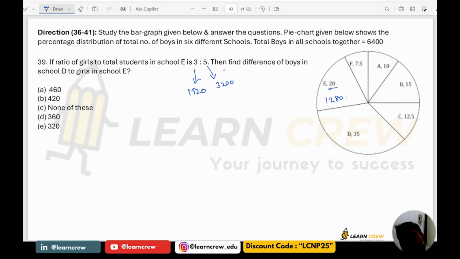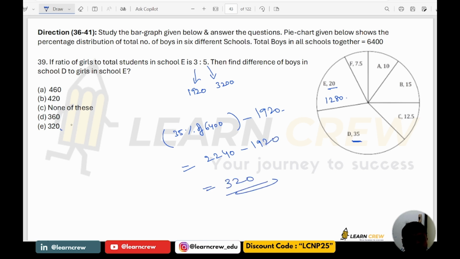Now find the difference of boys in school D. Boys in school D is 35% of 6400 minus girls in school E, which is 1920, already calculated. 35% of 6400 is 2240. 2240 minus 1920, the difference is 320.